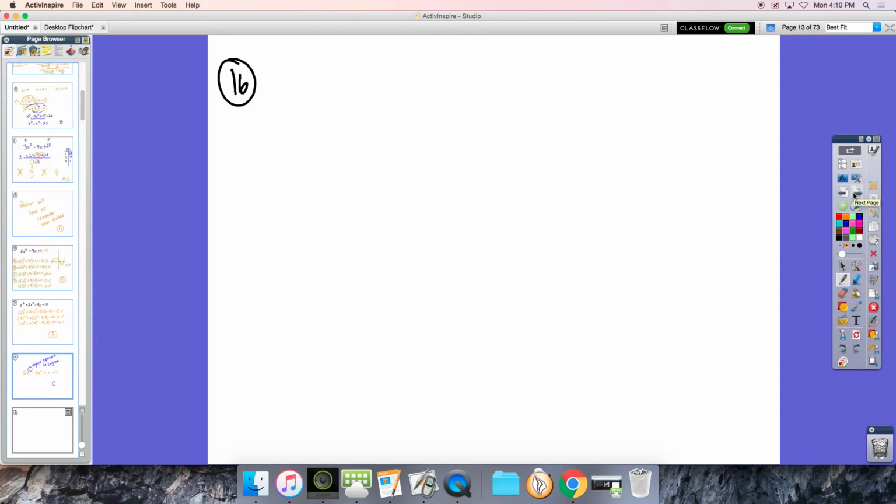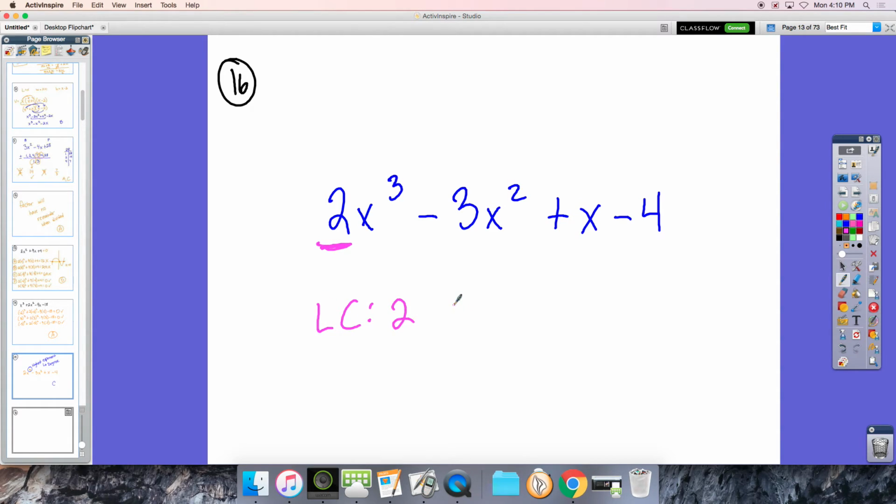16, what does the lead coefficient and degree determine about the graph of a function? So if we look at the same example, 2x cubed minus 3x squared plus x minus 4, our lead coefficient is 2, which is positive.